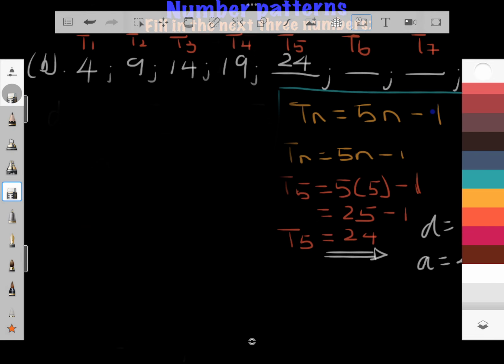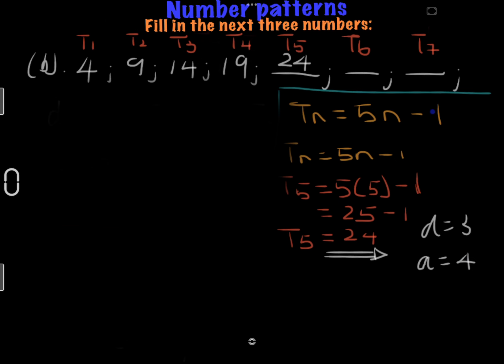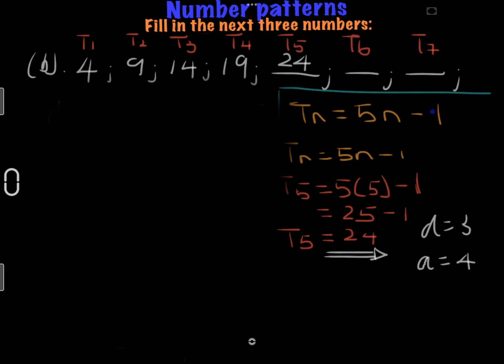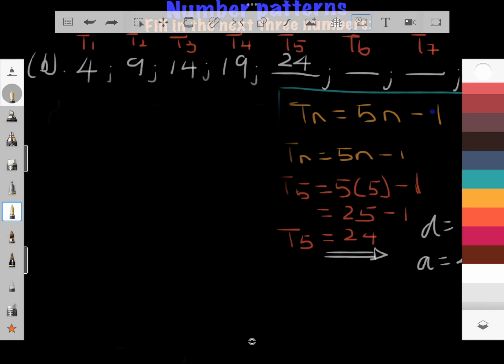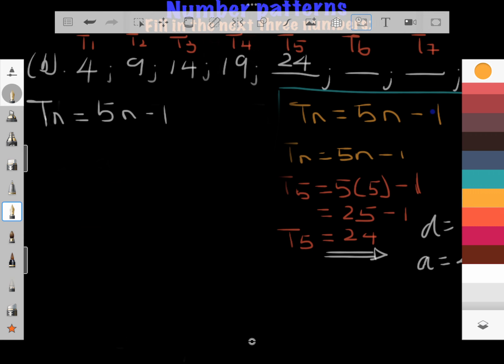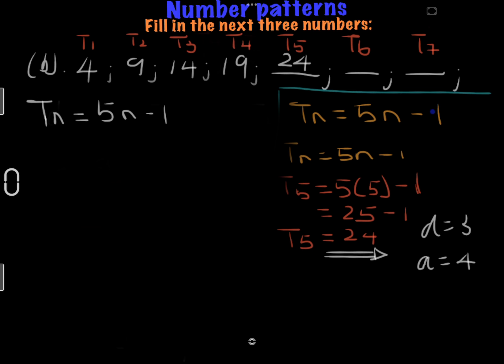Now, before that, we know that our general formula is Tn. Let me just re-establish the general formula here. The general formula is Tn is equal to 5n minus 1.